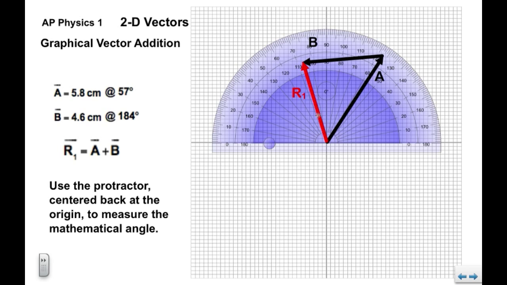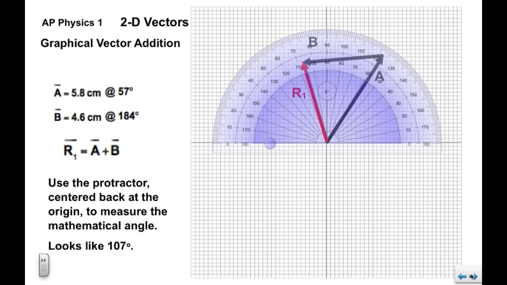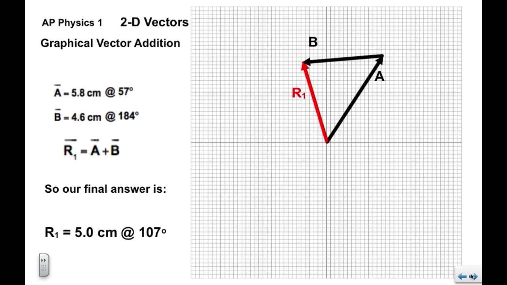If you need to extend R1 beyond its end, you can do that to measure the angle. Looks here based on the navigational or the mathematical set of axes, looks like it's 107 degrees. Okay, so my final answer for vector R1, 5.0 centimeters at 107 degrees.